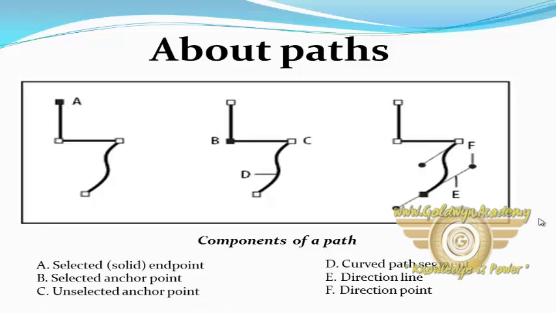This is an example of components of a path. Here A is a selected endpoint, B is a selected anchor point, C is unselected anchor points, D is a curved path segment, E is a direction line, F is a direction point.